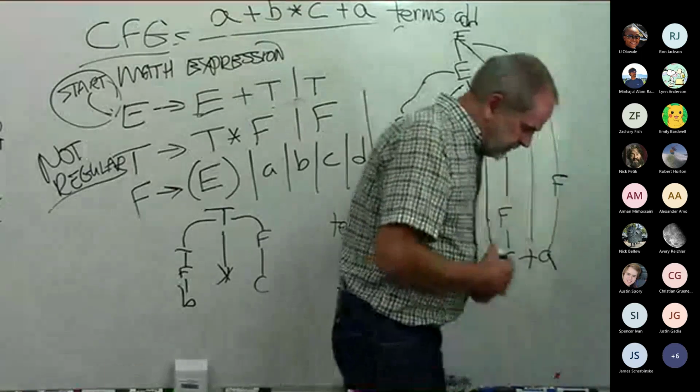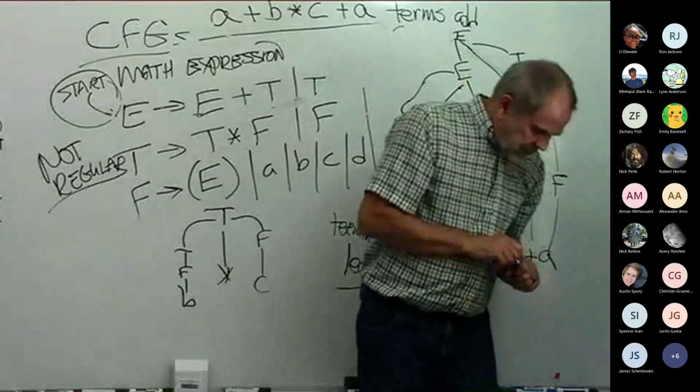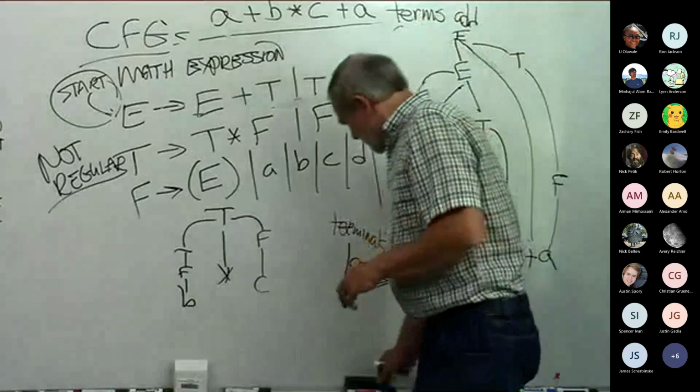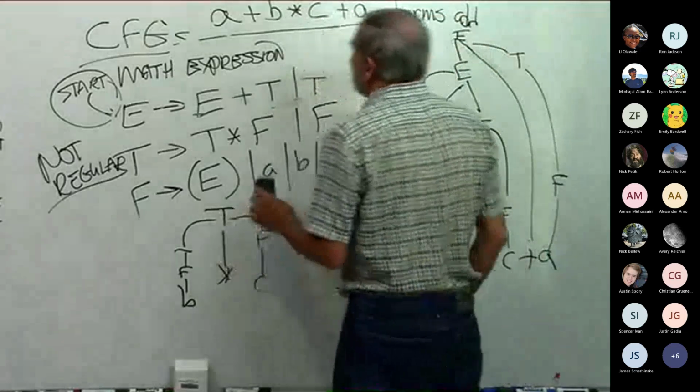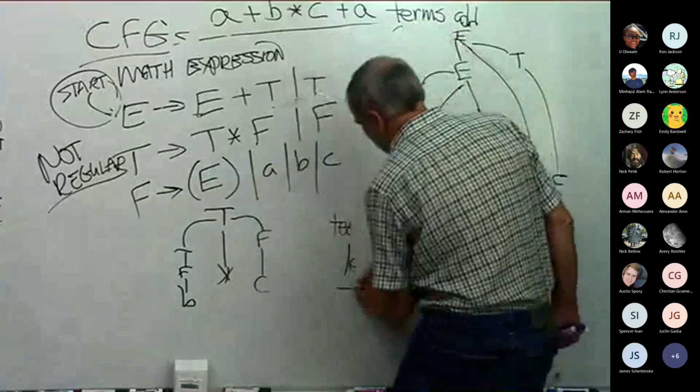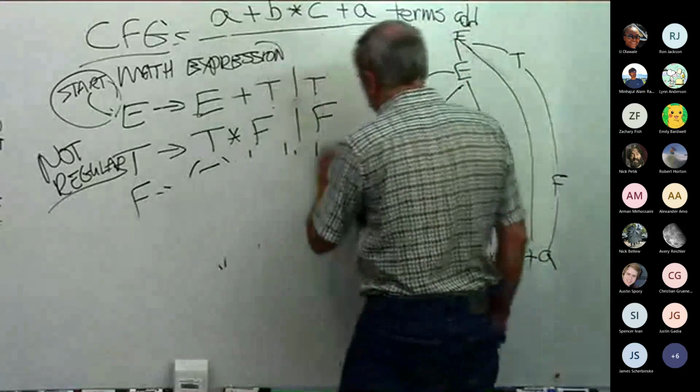Page 111 is where we start learning about the pushdown automaton.